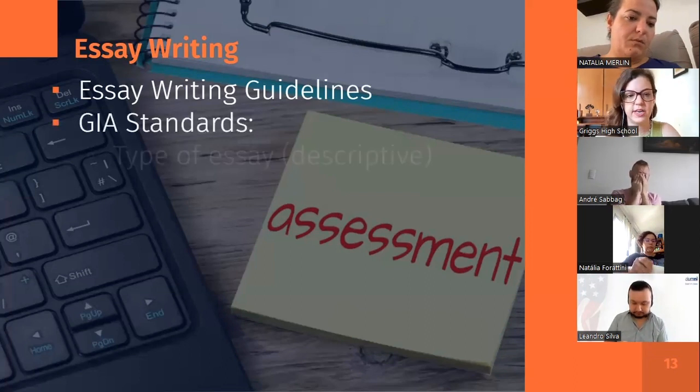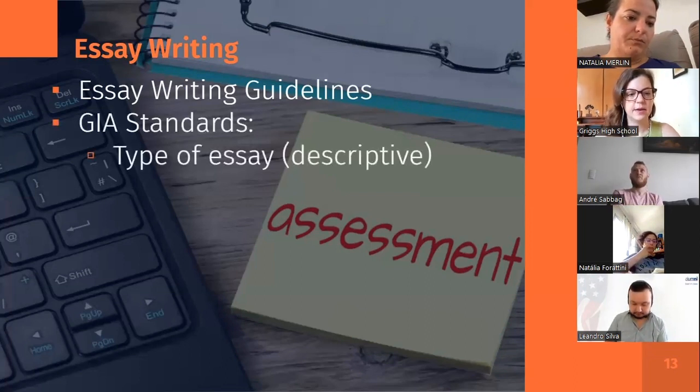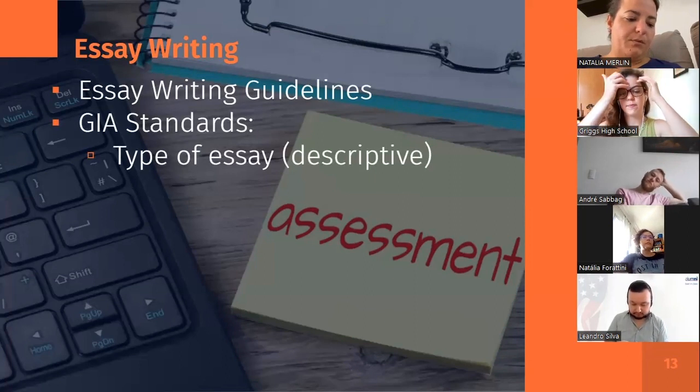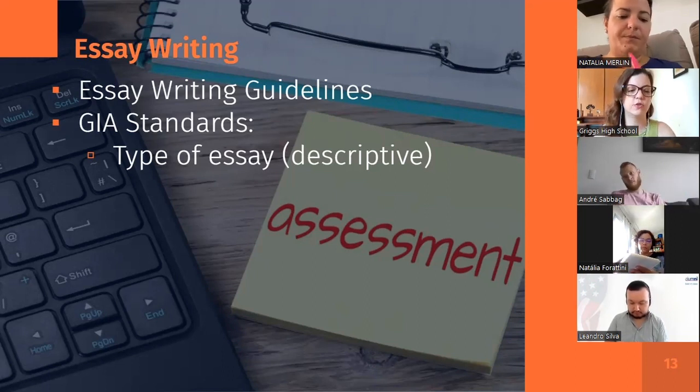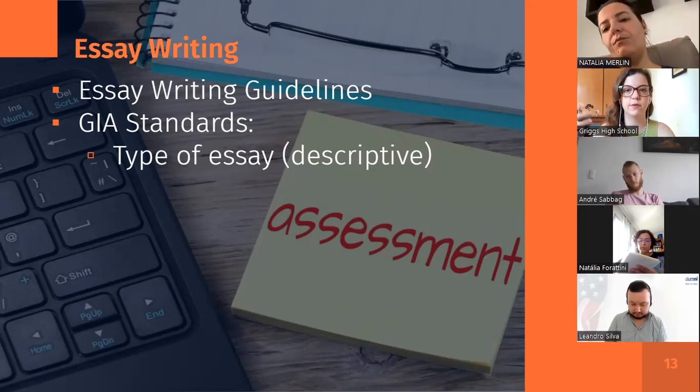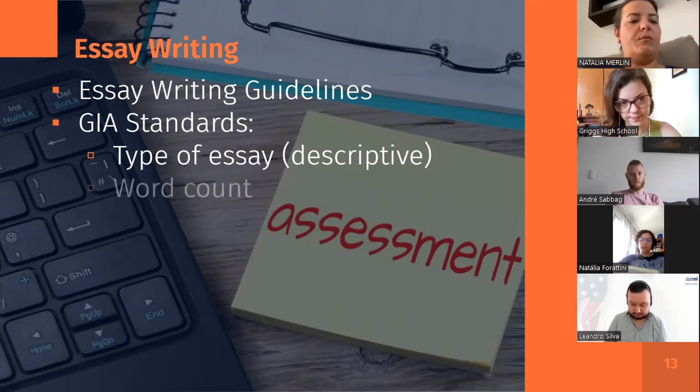Then we have the GIA standards. The type of essay for health is a descriptive essay. Basically, the students will research a topic and describe what they learned. They don't need to analyze, they don't need to bring their own point of view and opinion. They just need to describe what they learned about.